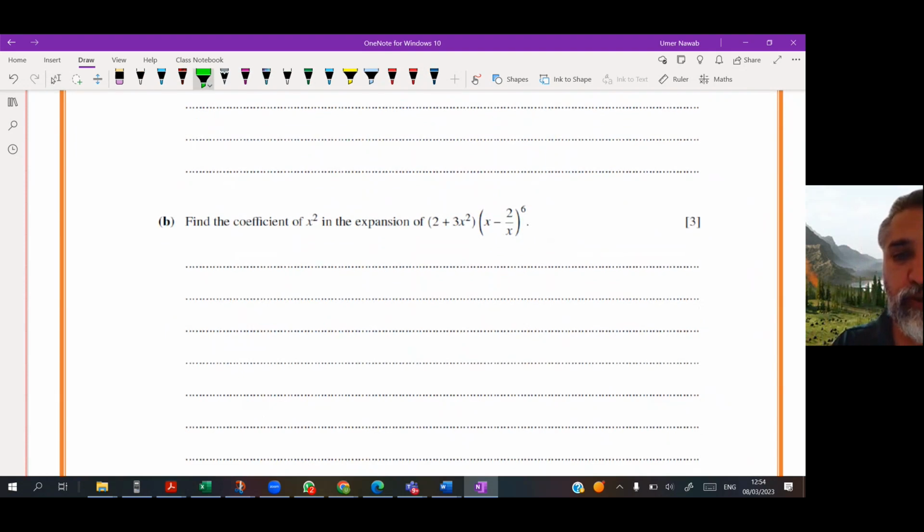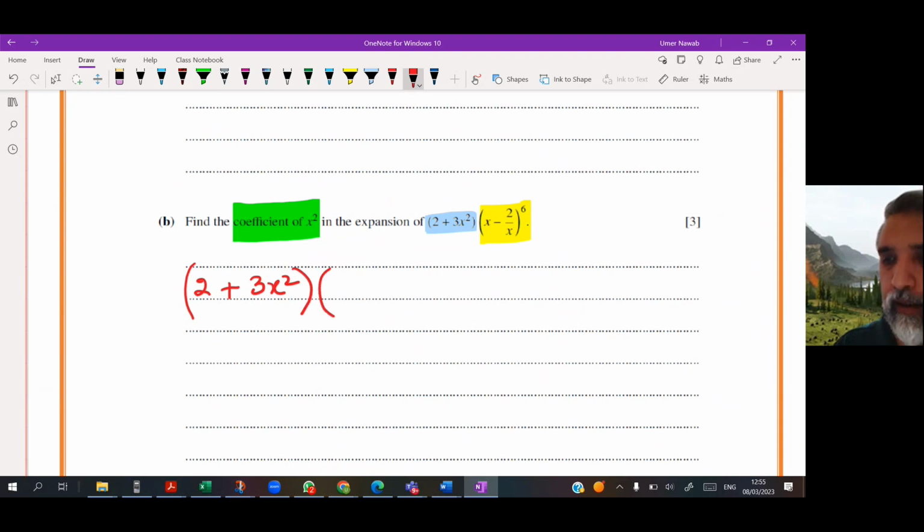Now we need to find the coefficient of x squared in the expansion of these two brackets. 2 plus x squared will not be expanded because its power is 1. I'll just copy it as it is.